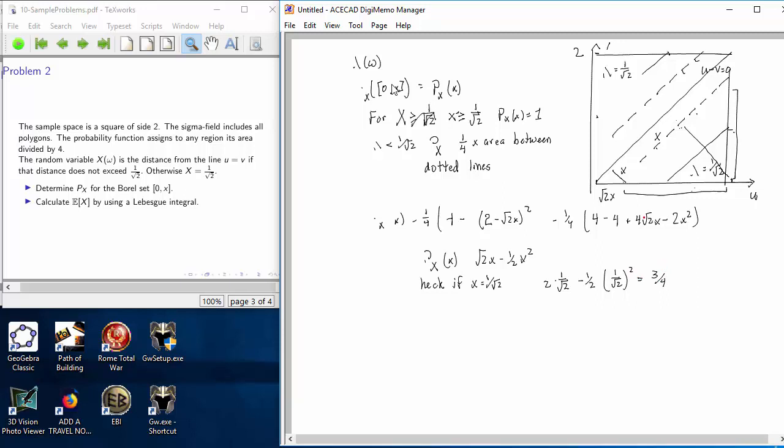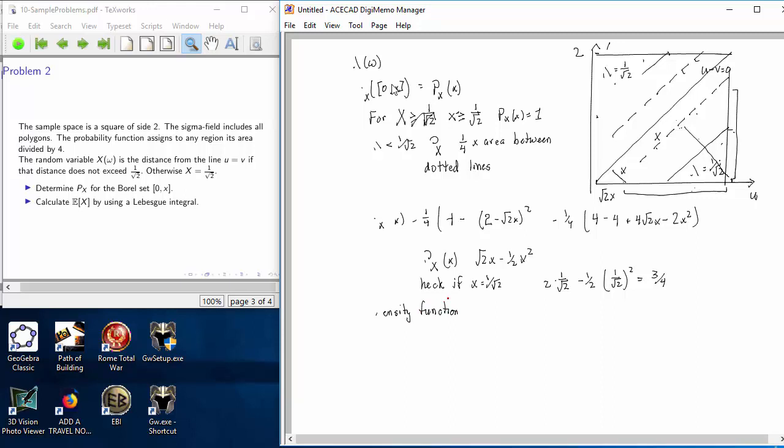In other words, the probability of being less than or equal to this is 3/4. The remaining probability, 1/4, is the probability that we're in one of these triangles and have precisely the value 1 over root 2. Now I have to jump ahead and calculate the so-called density function.